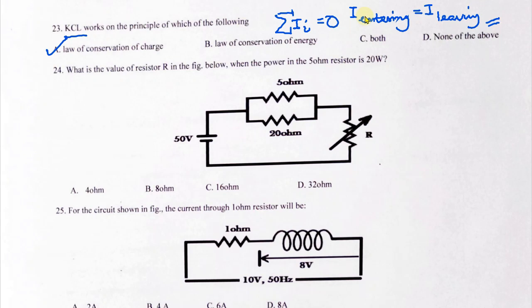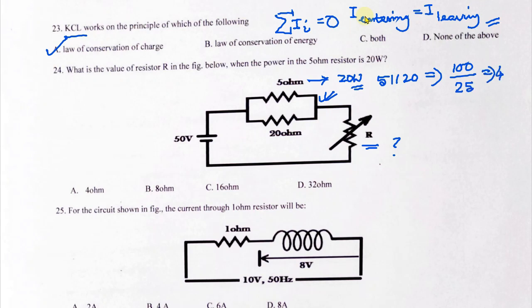Next question is, you have to find out the value of this R when the power dissipated in this resistor is 20 watt. So what is the equivalent resistance here? The equivalent resistance of these two, 5 in parallel with 20, is 20 into 5 by 20 plus 5, 100 by 25.